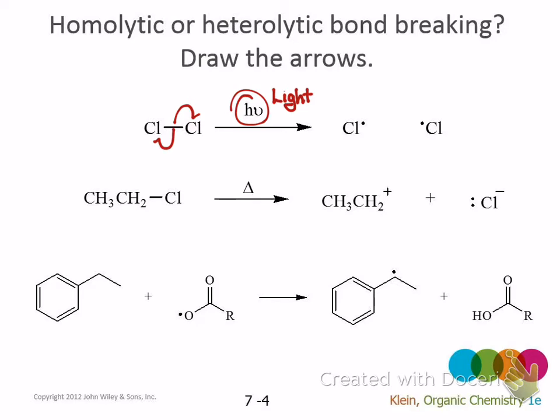So going this way, I have to form a single bond, with one electron from one side and one electron from the other. They just meet in the space in between so that they pair up to form the bond.